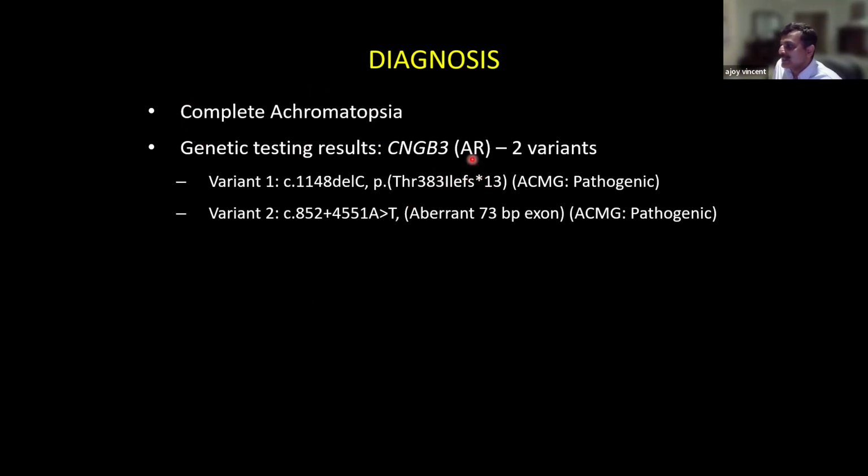And on genetic testing, there are two variants in a gene called CNGB3, which has been previously associated with achromatopsia and classified as pathogenic as per ACMG guidelines. So this is a firm genetic and clinical diagnosis.